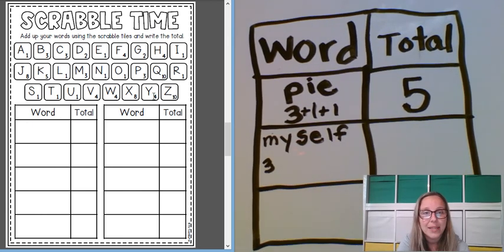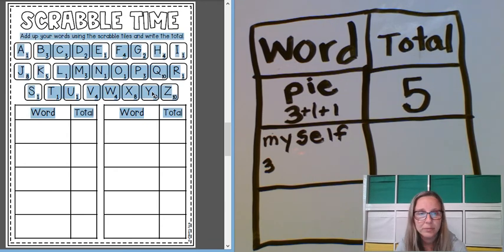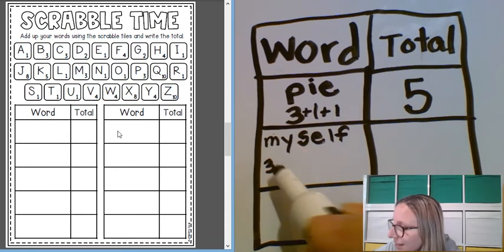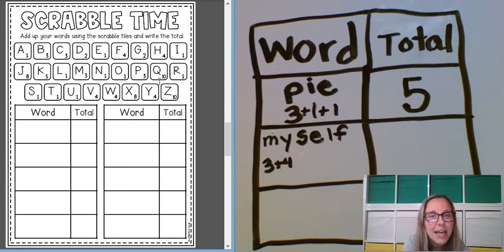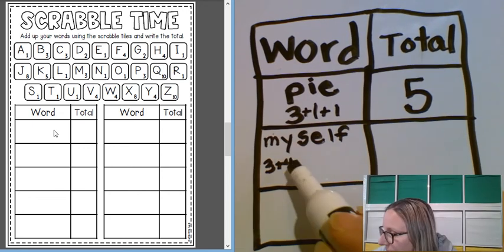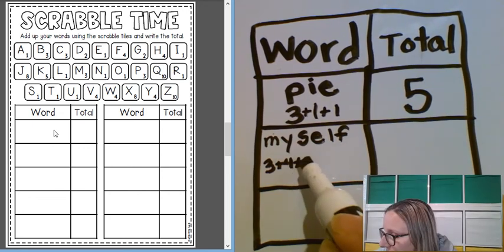Ooh, Y is worth, whoops, didn't mean to highlight all of them. Y is worth 4. Good golly. Okay, so 3 plus 4. Now we need to find S. S is worth 1. I'm noticing that the more common letters are worth less. That's how it is in the Scrabble game too.